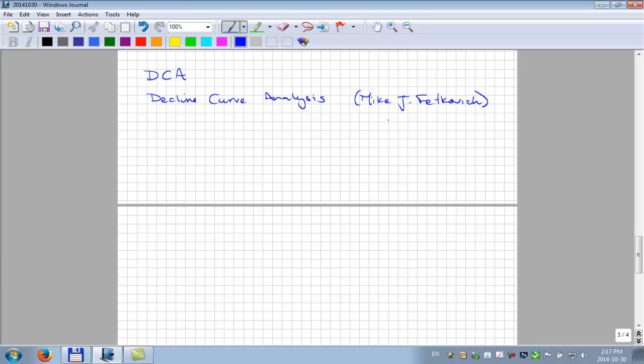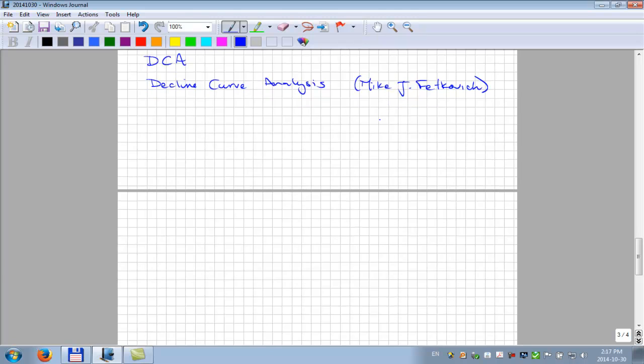So what's decline curve analysis? We want to know how rate varies with time. We're going to write the same equation that we wrote before, but now PWF is constant.